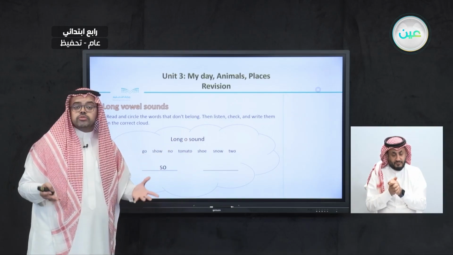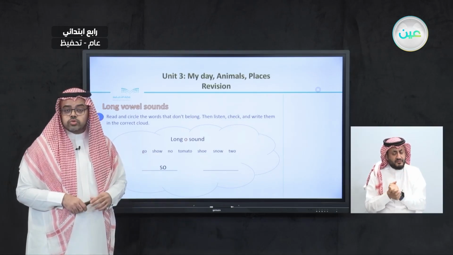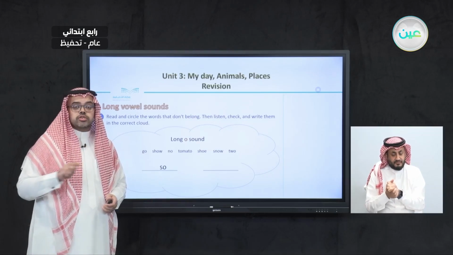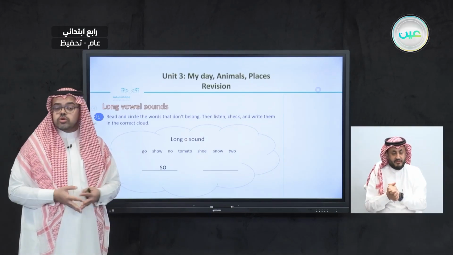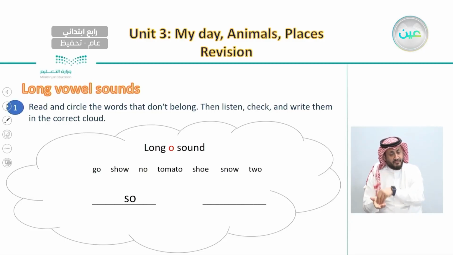If we have words that do not have the same sound, we just circle them. Then we bring a word from the other cloud and put it here. For example, we have the word so.